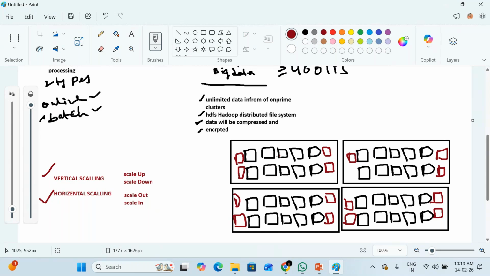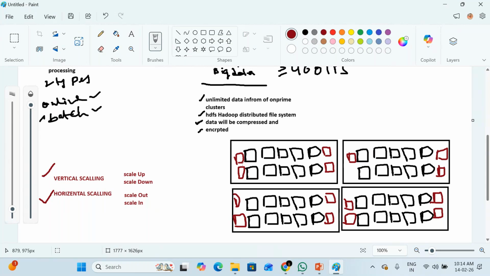That is vertical scaling. Within the cluster, you kept 10 nodes and are not happy, so 20 nodes, 30 nodes, no limit. For example, 100 nodes, and not happy, so 200 nodes within the cluster. Got my point? That is called vertical scaling. Why? Because the cluster is nothing but a computer.